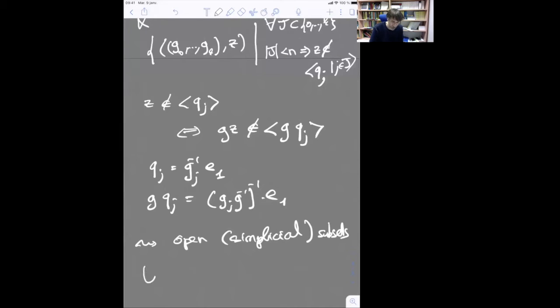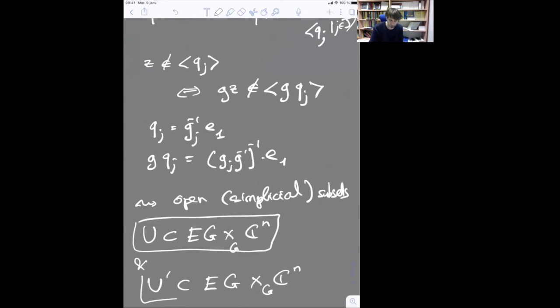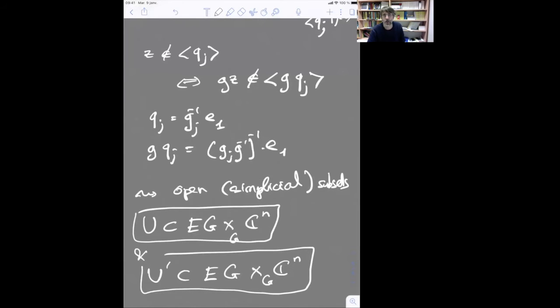The first will be denoted U, and the second one will be denoted U prime. Okay, so at that point, I have indicated two ways to erase subspaces inside EG cross Cn in such a way that it's preserved by the G action.